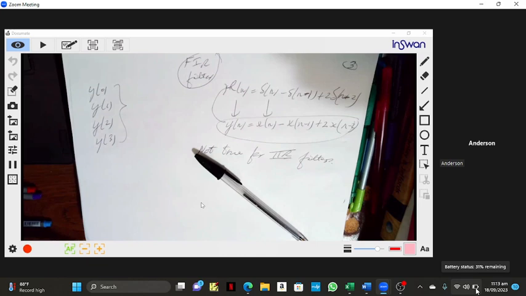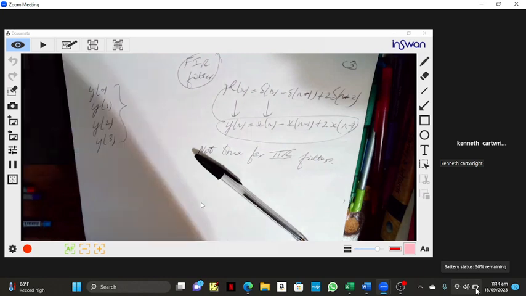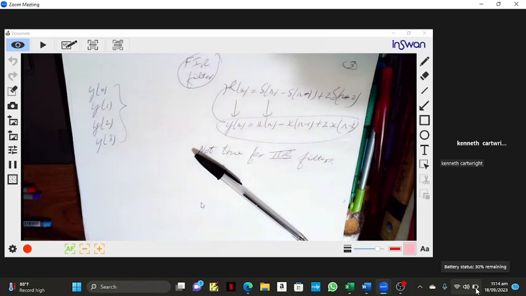I was saying we need the input first. I gave you the input. The question gives you the input. The top graph was the input. Now that we have the input, what else do we need?